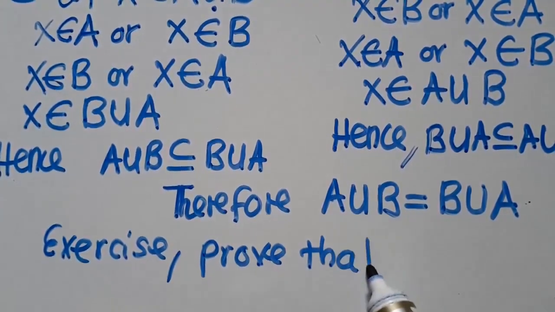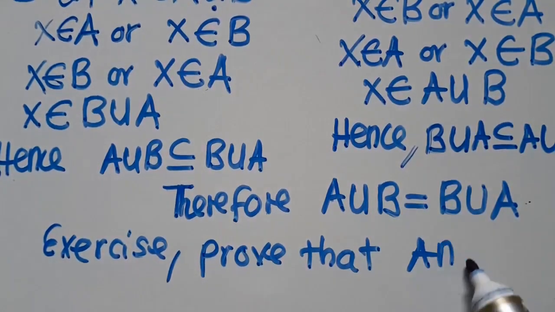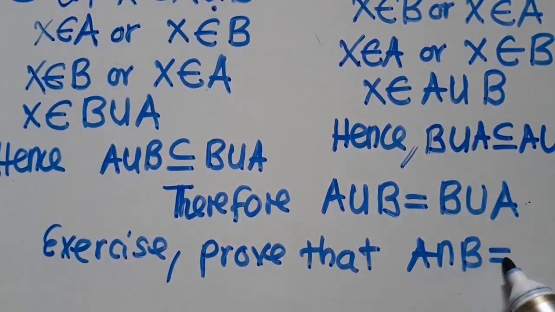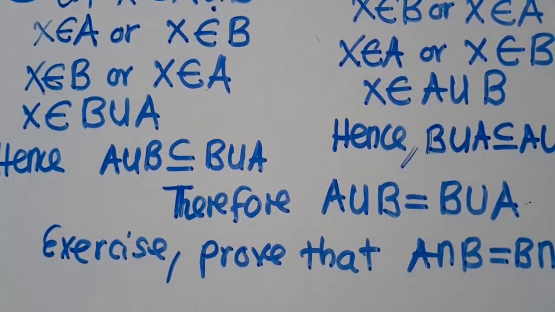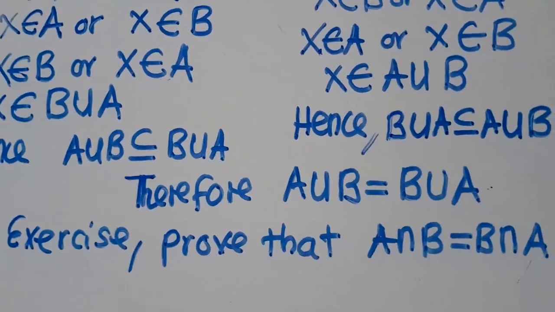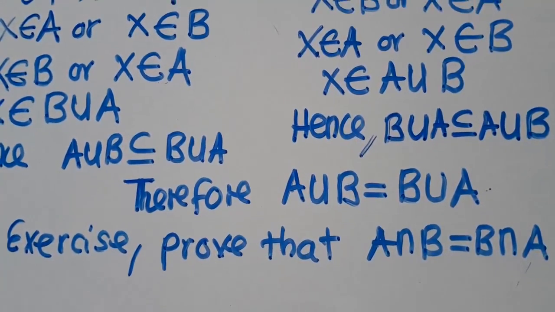I want you to prove that A intersection B is equal to B intersection A. This is your first exercise. Those that are under my teaching, you submit in my inbox. This is how you need to answer it.